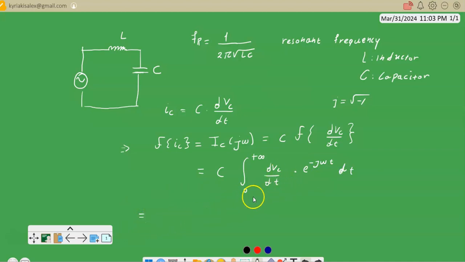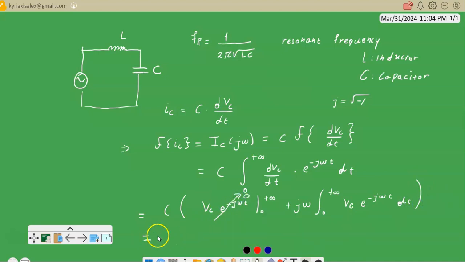Now here I just have to do integration by parts. This term vanishes, goes to 0.